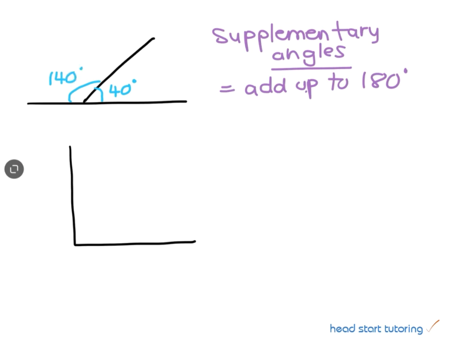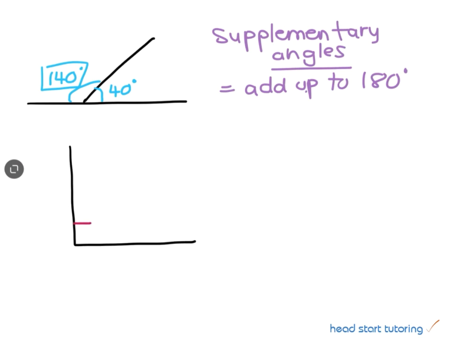And we can obviously see that because these angles are lying on a straight line, and we know that a straight line is a 180 degree angle. So a 180 degree angle, if it is divided up into 40 degrees, the other part of that angle will obviously have to be 180 degrees minus 40, which is 140 degrees. So supplementary angles add up to 180 degrees.